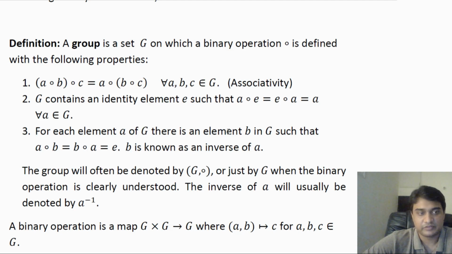Because any matrix multiplied by the identity matrix, either to the right or to the left, will result in the same matrix. So any matrix A times identity equals identity times A equals the matrix A itself. So property 2 is also satisfied.